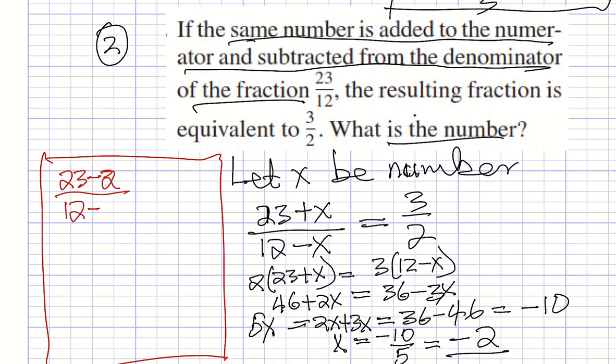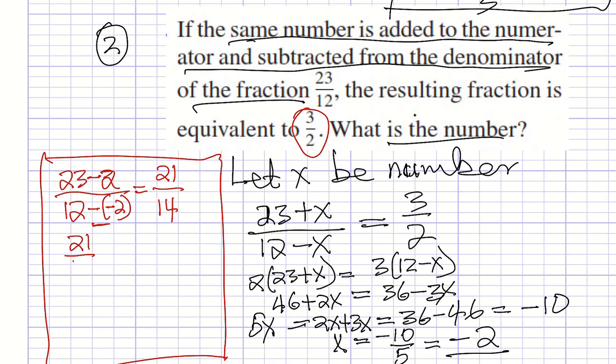We'll subtract negative 2. Notice what's going to happen: that becomes positive. It will be 21 over 14. Is that equivalent to that?